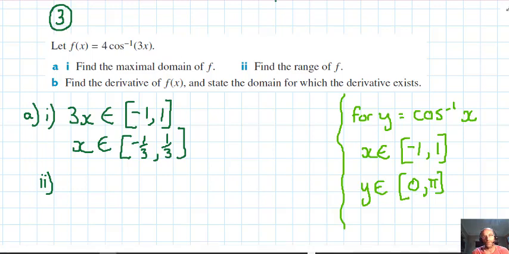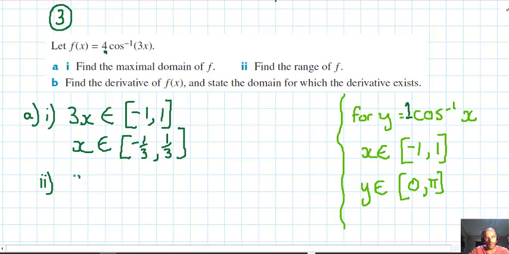Okay, so we need to think about the effect that the 4 on the front has, because that's based on 1 inverse cos. Now it'll actually increase all the y values by a factor of 4.